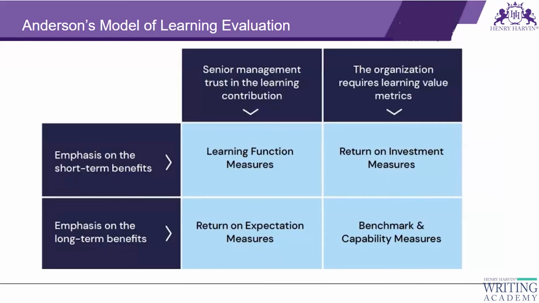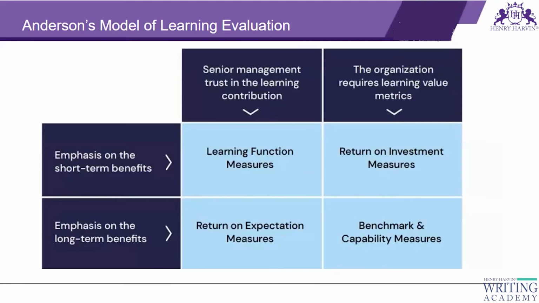What their managers want is learning function measures, like they should understand how the job role is going to work, what the process is, what the product is. All this knowledge should be given to the learner. And on a long-term basis, return on expectation measures, right? So I am expecting that this person would be able to do well in the long run, and I can give more responsibilities to this particular person.